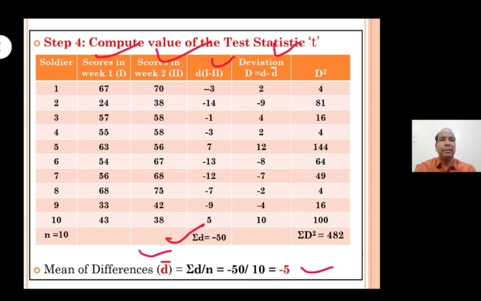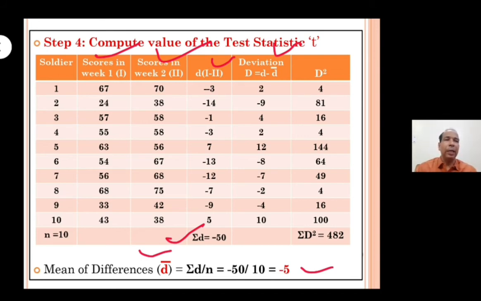So for soldier 1 this is minus 3 minus 5, which produces 2. Similarly we have all these values.